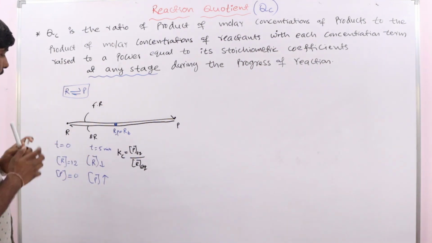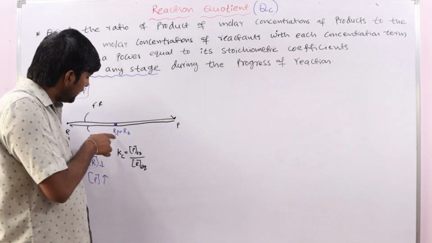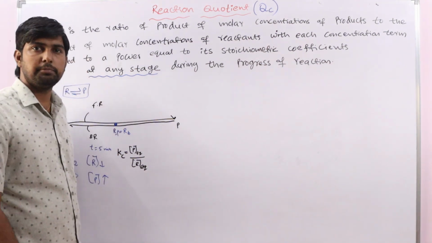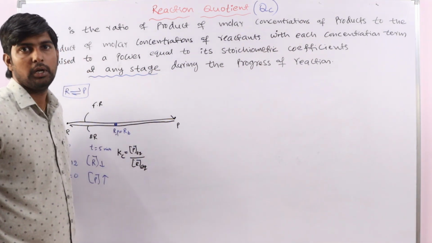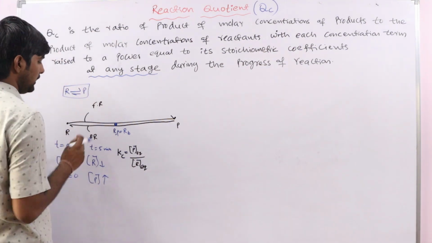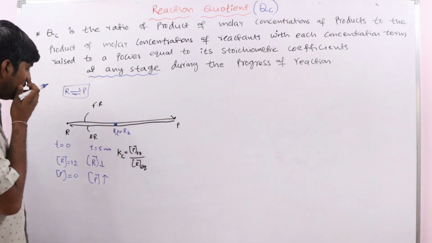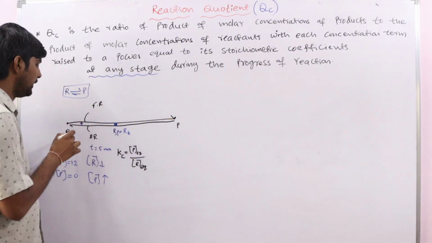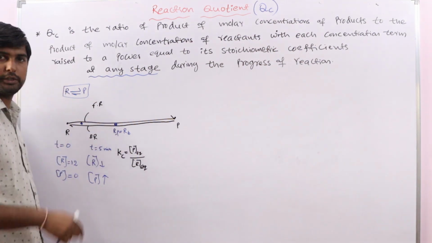So we can calculate Kc when the rate of forward reaction equals the rate of backward reaction, and that takes place only at a particular position. Now suppose you want to calculate the ratio of product to reactant at another position. Here we cannot write Kc, because equilibrium is established only at that position.